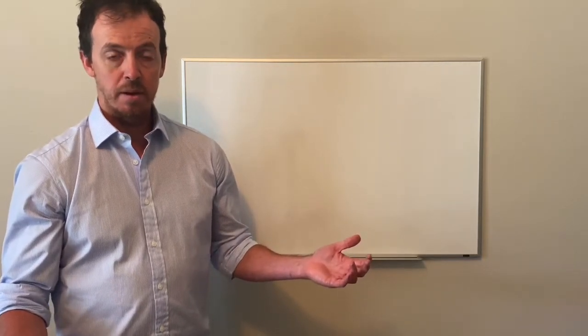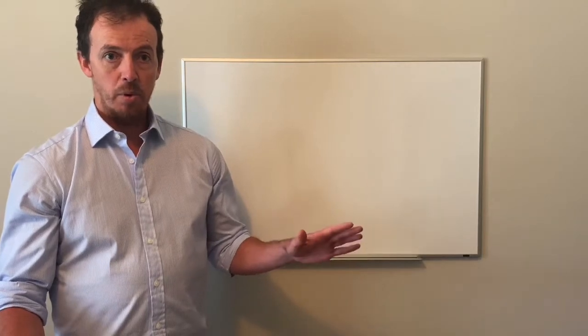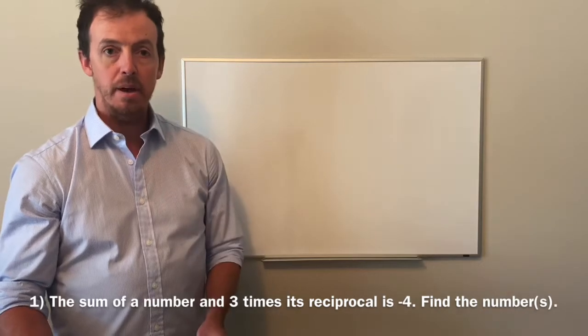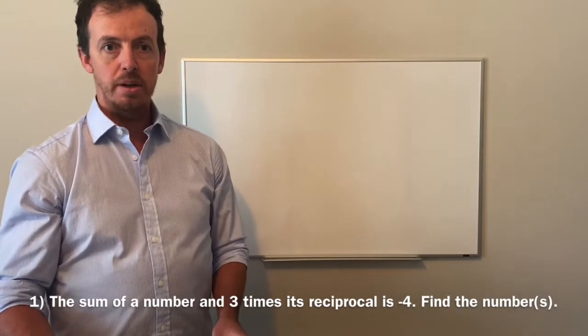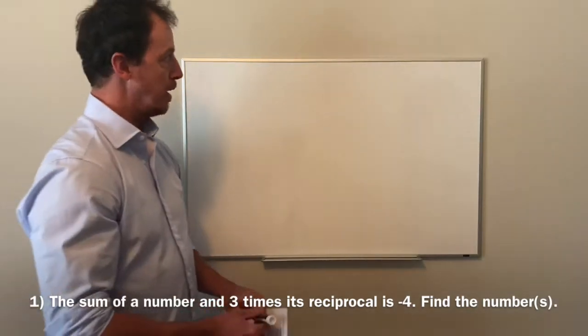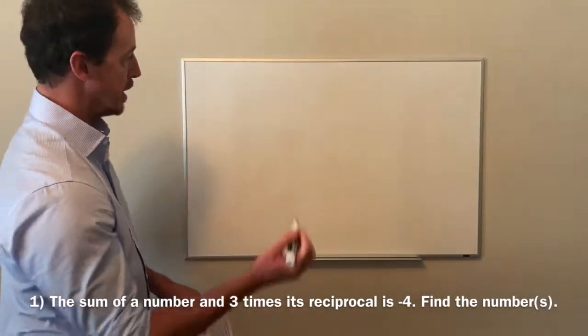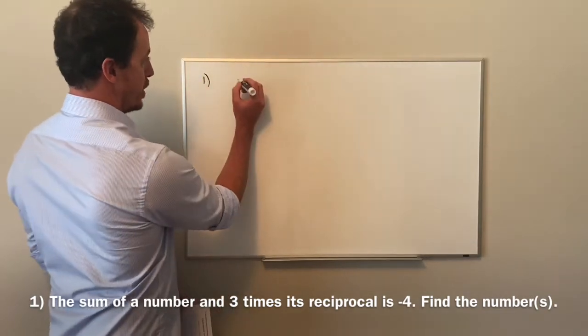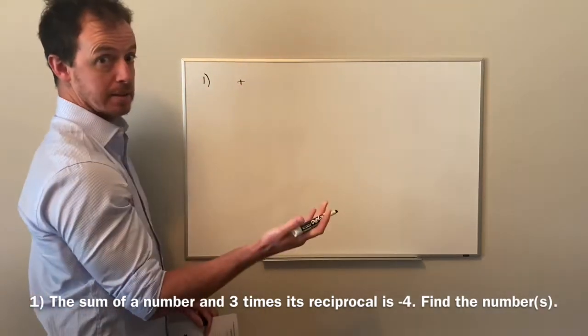So, number one, it says the sum of a number and 3 times its reciprocal is -4. So, the sum, that means we're adding stuff.